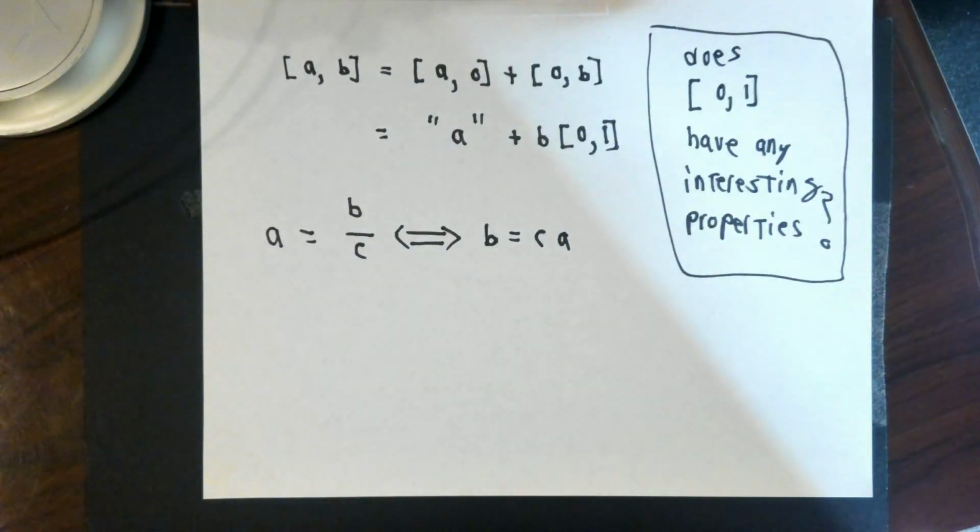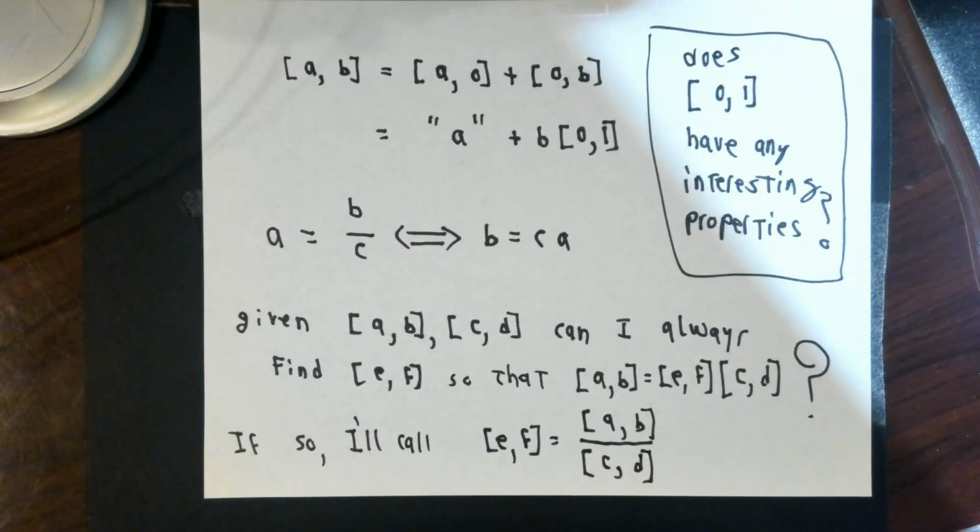There's something that you can do with these K objects that you couldn't do in various other settings. In the real numbers, as long as C isn't 0, A equals B over C means the same thing as B equals C times A. I'd like to figure out if there's some sort of corresponding thing going on with these K bracket objects.